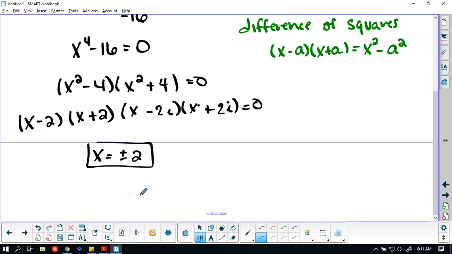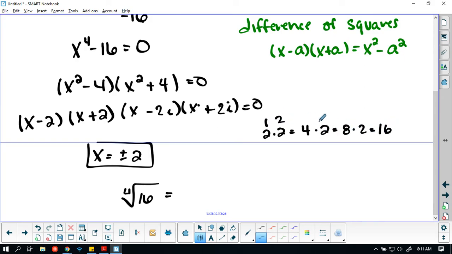Or, and you can tell that I've never really done my solutions in the way that they're doing it. I just know, and this is just from experience or practicing, or just even thinking about it. 2 times 2 equals 4, times 2 equals 8, times 2 gives me the 16.